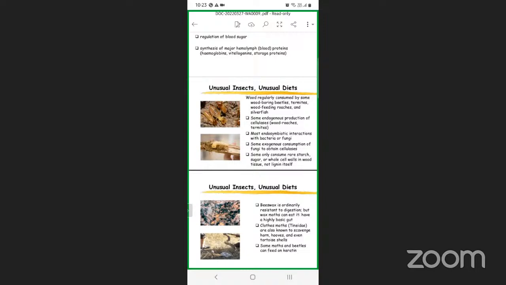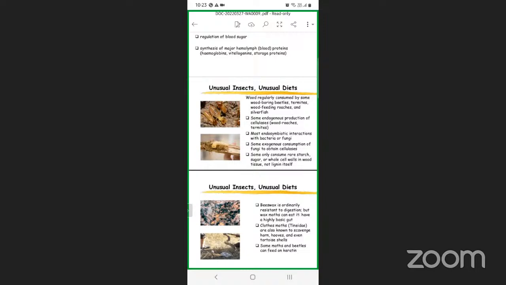For example, in nectar feeding butterflies, the diet is protein feeding, and in these insects the proteases are absent.